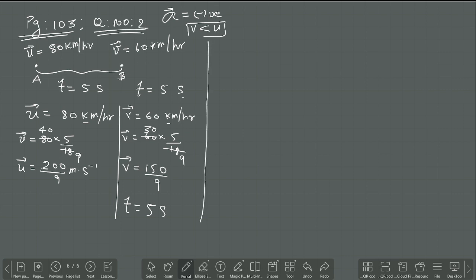So what is the formula to calculate acceleration? a is equal to v minus u by t. So this v minus u, we can also write it as change in velocity is equal to v minus u. First let us calculate the numerator term alone. So del v is equal to, what is the value of v? 150. It's not looking like 5, right?